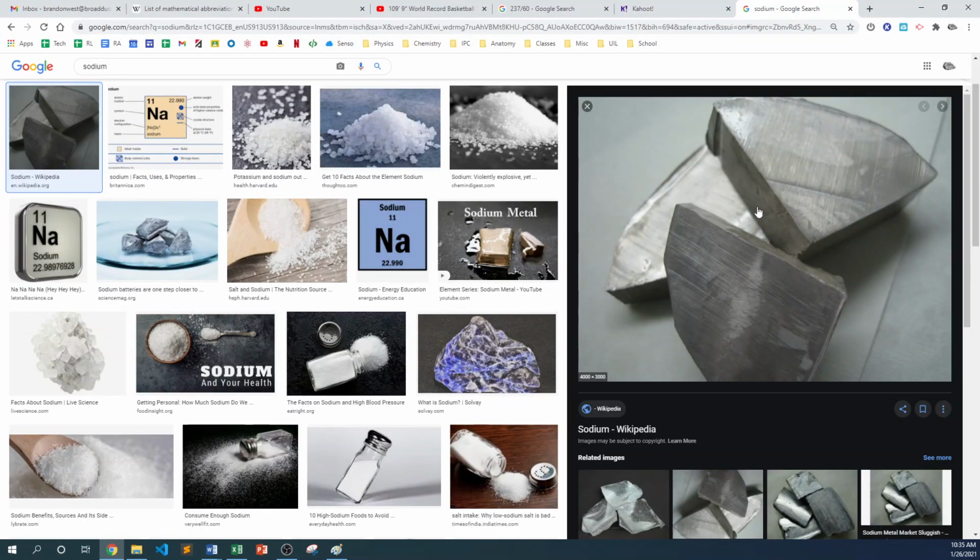So sodium, it's a soft metal. You can cut it with a butter knife. Very soft, silvery, oxidizes with air very quickly.